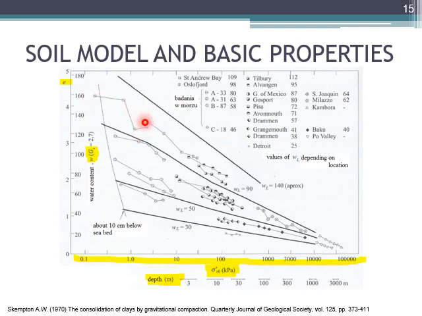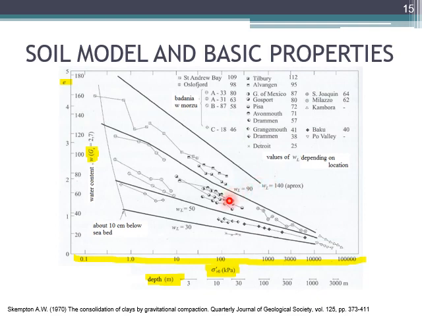And the volume of voids is decreasing with the depth of the soil specimen, or it is decreasing with the effective stress that is applied on the specimen. It also depends on the liquid limit. See, this is the liquid limit, wL.